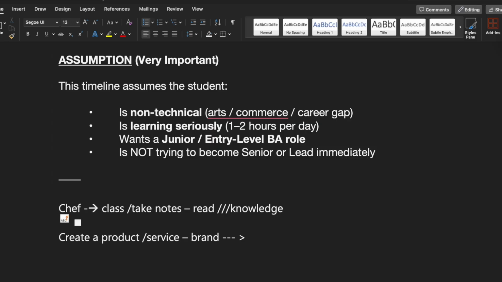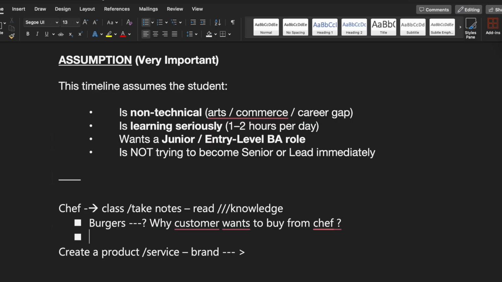You have to be a brand, a personal brand, right? So this guy, now let's say he liked to make burgers. So he developed skills to make burgers. Are there any other burgers in the market? Plenty, right? Why would a customer want to buy from this chef particularly?